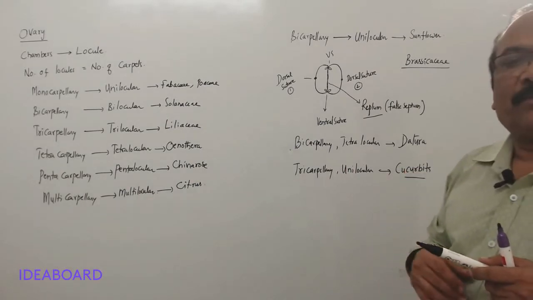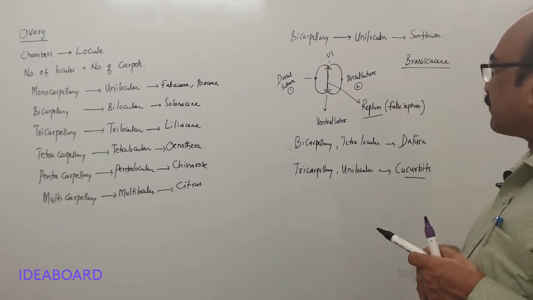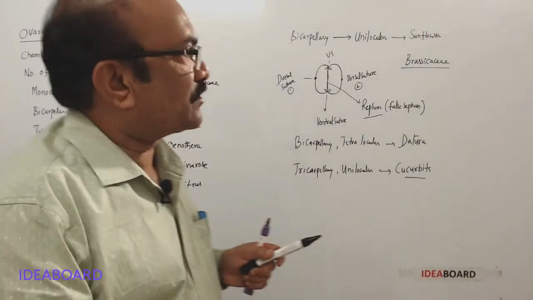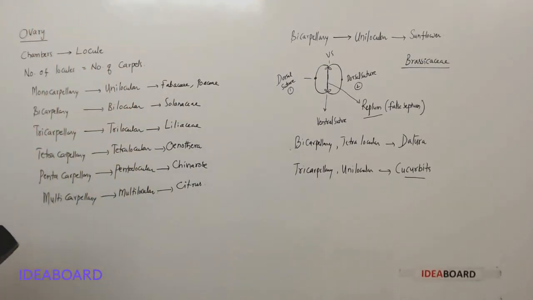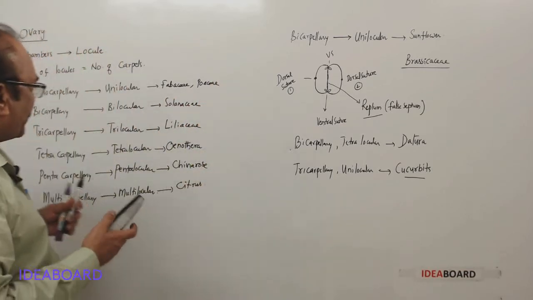That is in apocarpous. So these are the different examples. I hope you are understanding. Generally, the number of locules is equal to the number of carpels, but there are some exceptions which we discussed now.